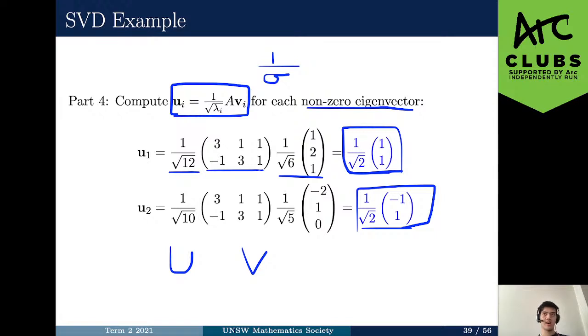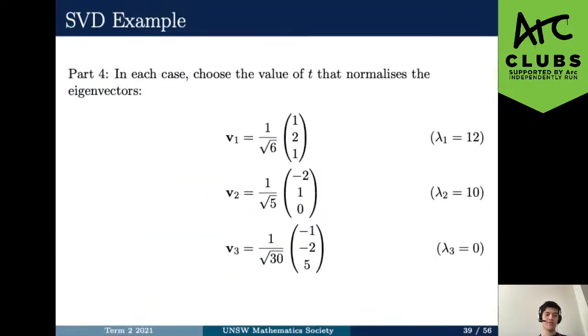You can check that, and if I dot them together, you get 0. So in fact, U1 and U2 here are orthonormal, and so the matrix U, which is made up of U1 and U2, would be a unitary matrix. And V, made up of these vectors, would also be a unitary matrix.